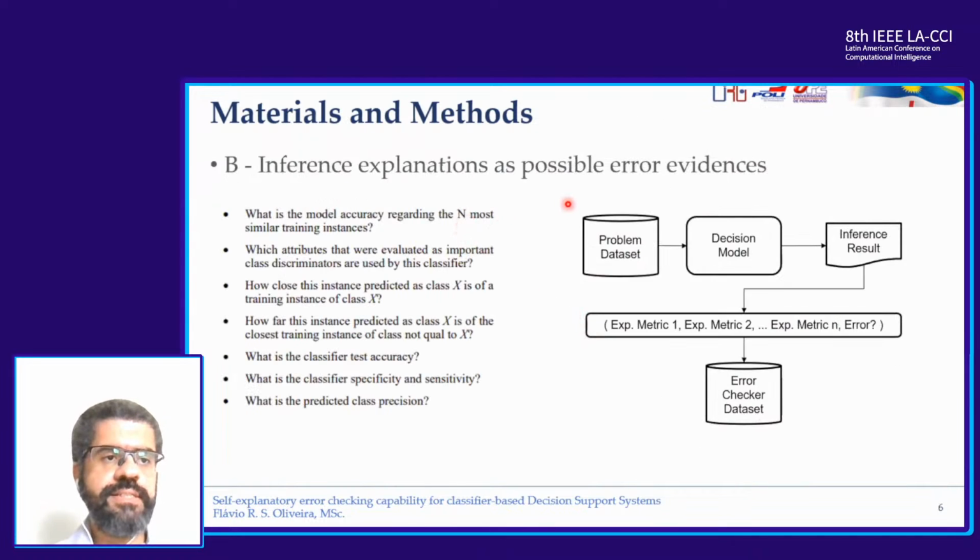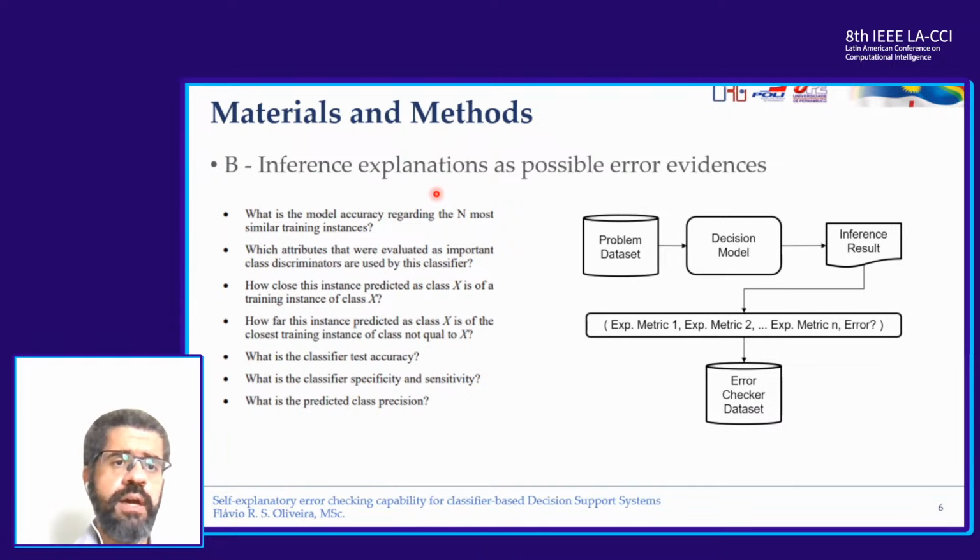And what about this idea of considering inference explanations as possible error evidences? Here in the left part of the slide, I put some questions which are common in decision support systems which are aided by explainable AI.